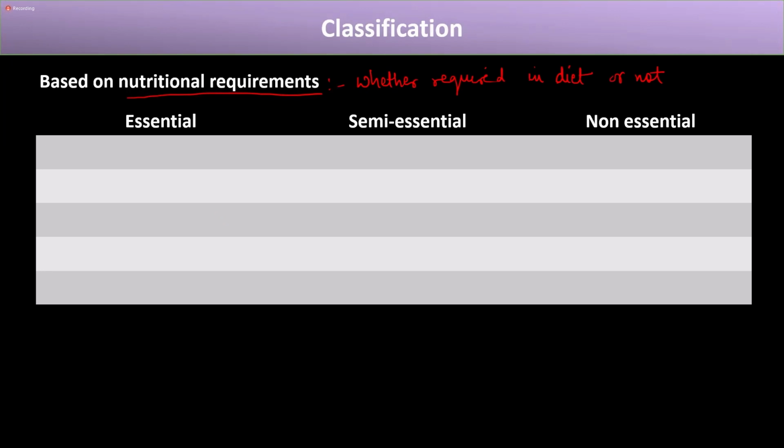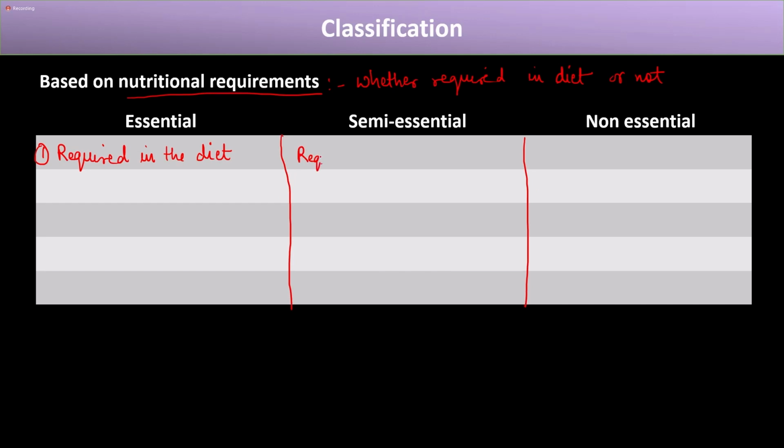Essential, as the name suggests, means they are required in the diet. Essentials are the ones that are essentially required in the diet. Now, semi-essentials are not very important, but required in special cases.